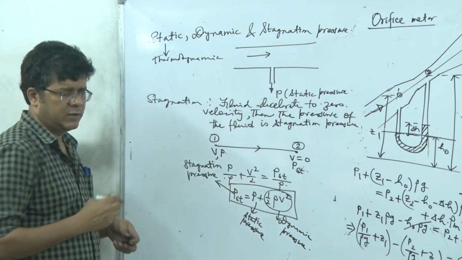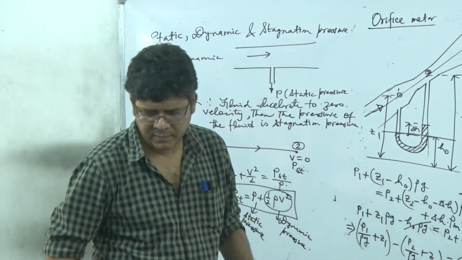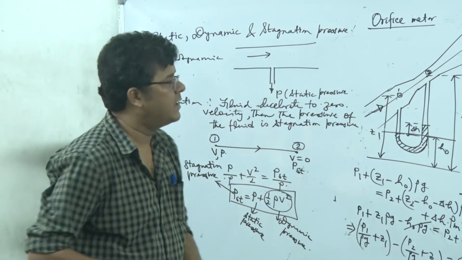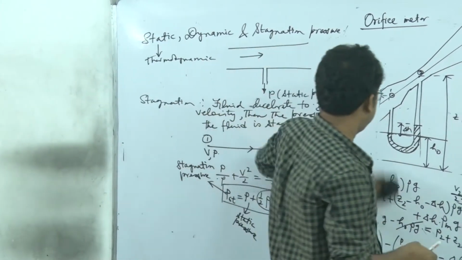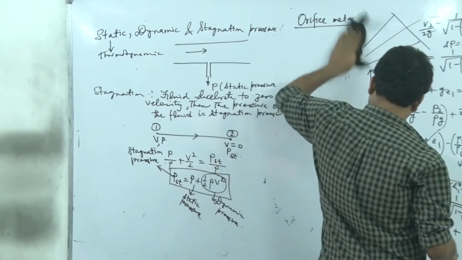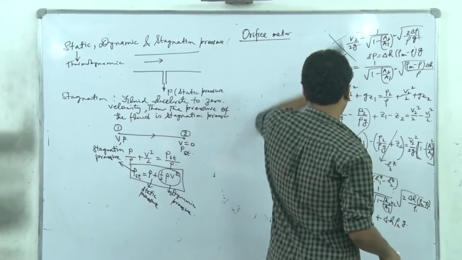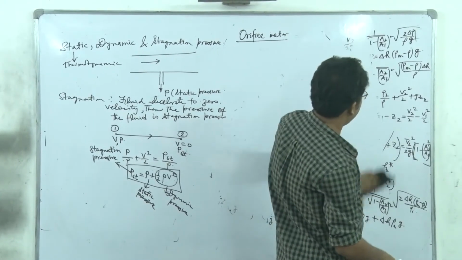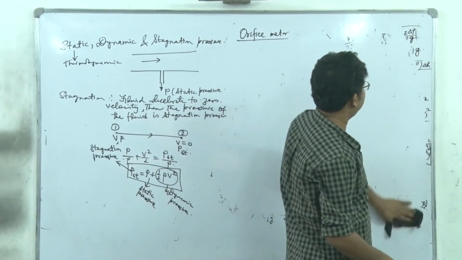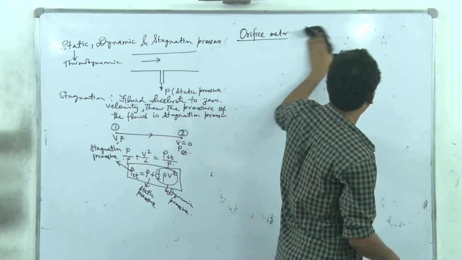So in a pitot tube, what will happen? We insert a capillary which is horizontal to the direction of flow, and the capillary opening faces the flow itself.